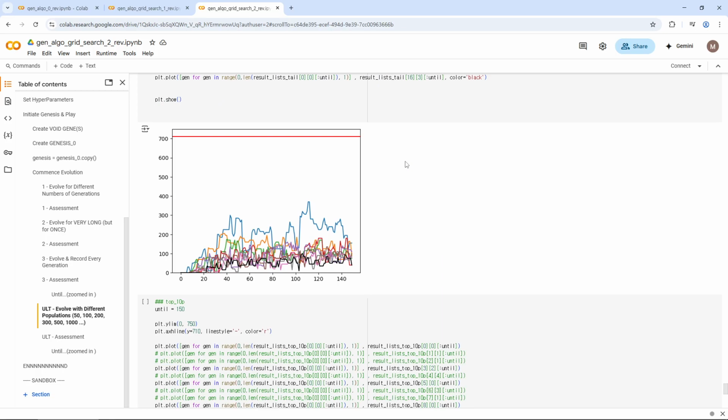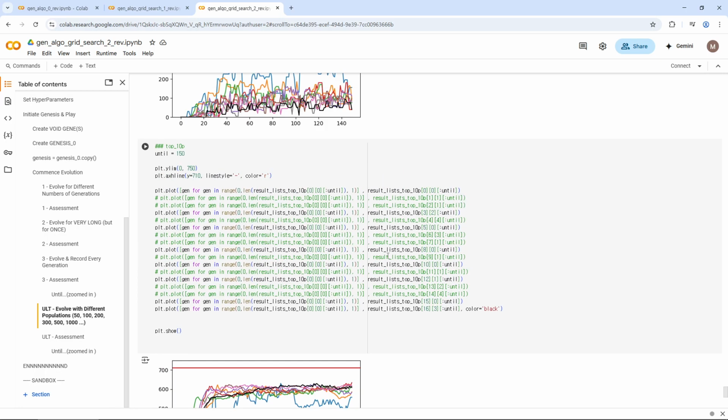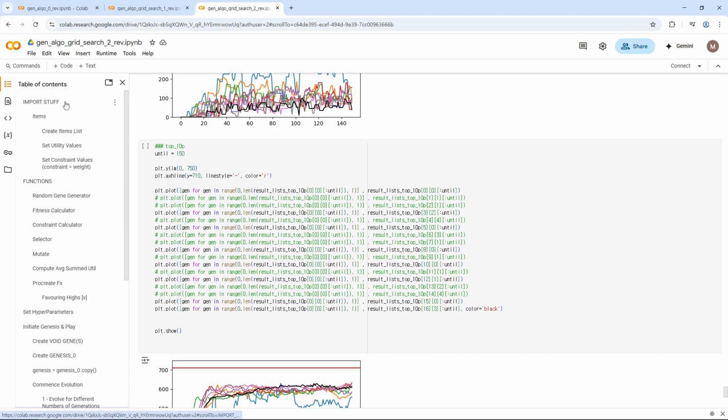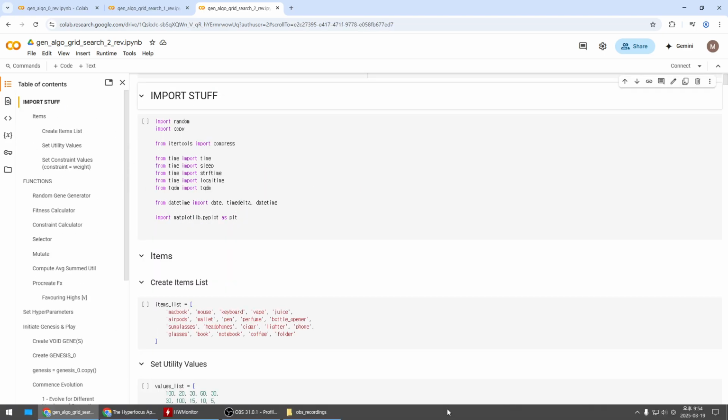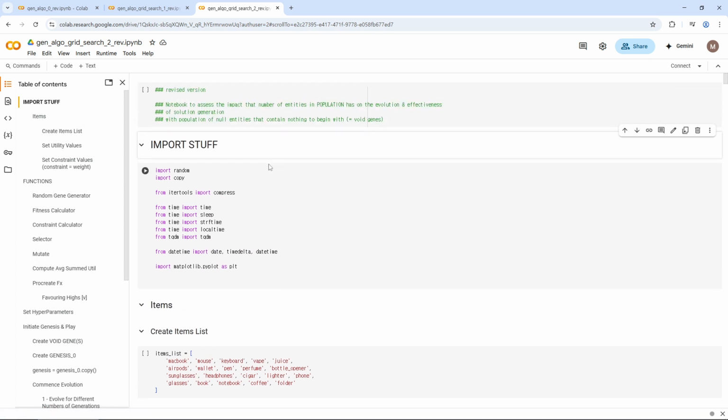So in this notebook I re-illustrated, or rather reran, those plots. The date is 2025 March 19th, and I'm not going to run this notebook on Google Colab because it would take too much time.